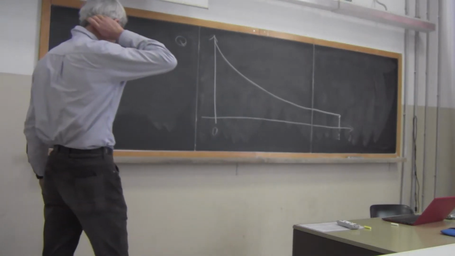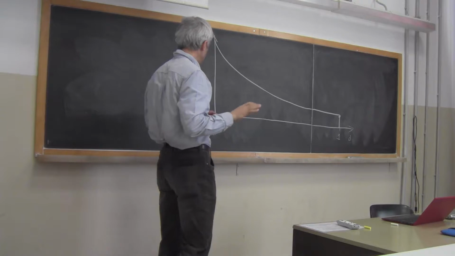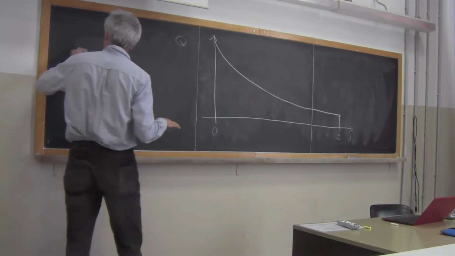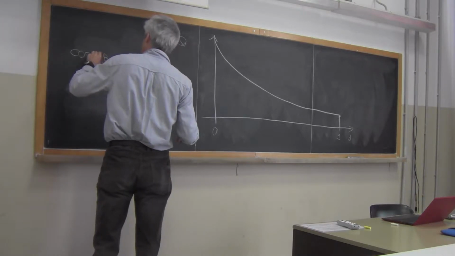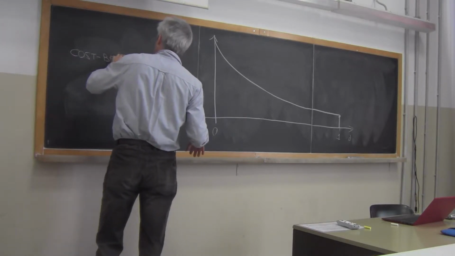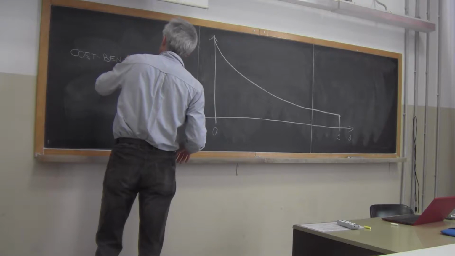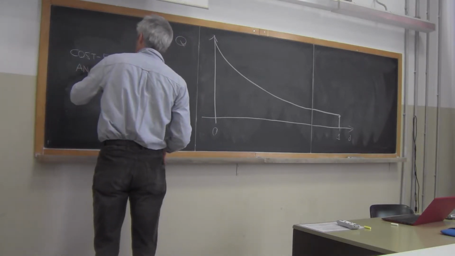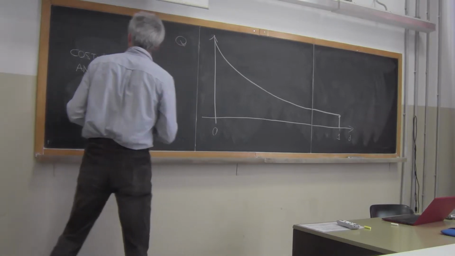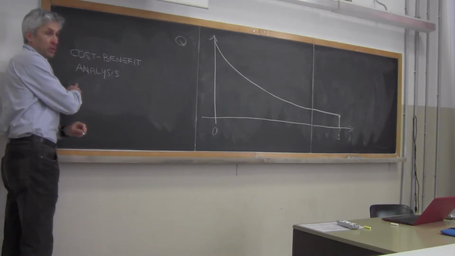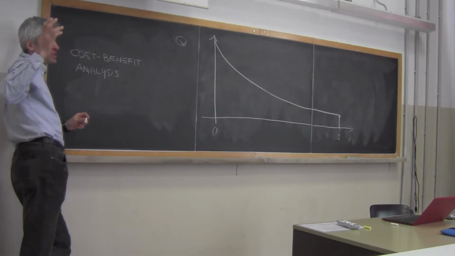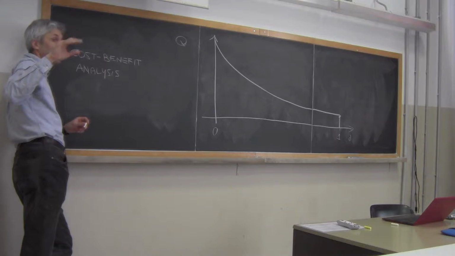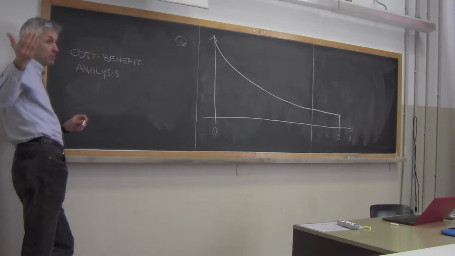So, just a few considerations on cost-benefit analysis. I'm not talking in this course, in this subject, of cost-benefit analysis. Keep in mind that this is a very topical issue today. You may have heard, for instance, about the discussion on the TAV, the high-velocity train, from Italy from Turin to Lyon.